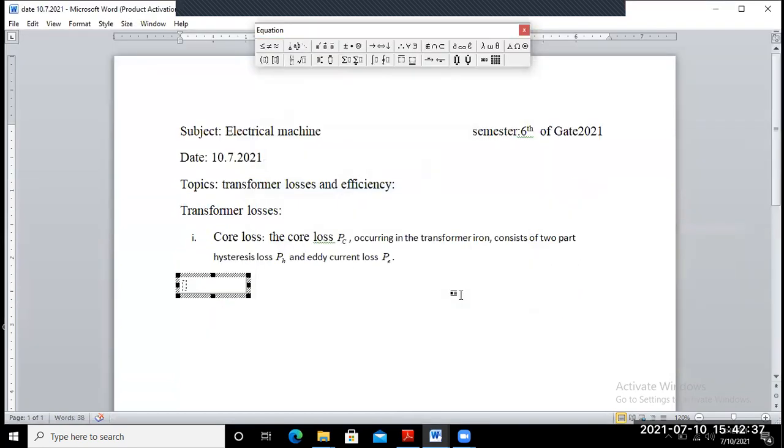So P suffix C, that means core loss, equals P suffix H plus P suffix E, the eddy current loss. Okay.